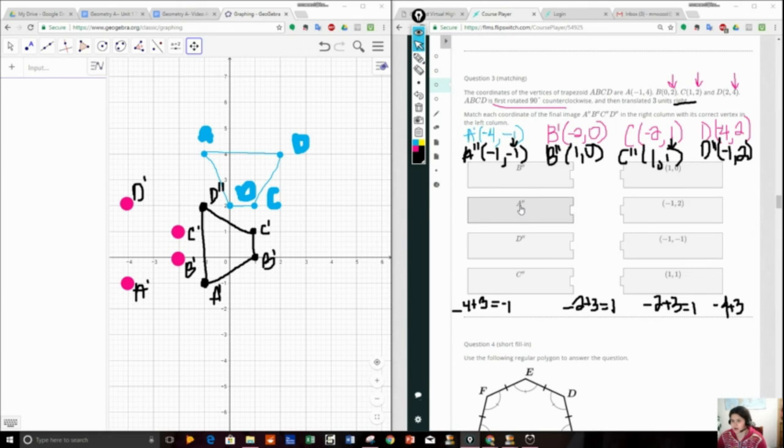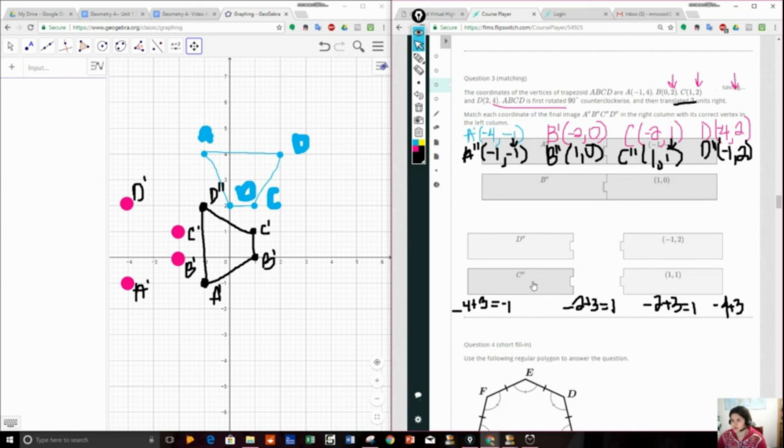So A double prime is -1, -1. So you click on it and you drag it. Say you accidentally linked it to the wrong one. You just click on it, not directly on the text, but you just click on that box and it will unlink it. So then you click -1, -1. B's coordinates were at 1, 0.